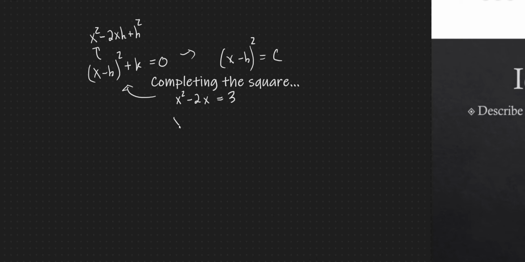So what I'm going to do is add and subtract 1. Plus 1, minus 1. I still have this equal to 3 over here. And now the x squared minus 2x plus 1 is x minus 1 squared. I still have this minus 1 hanging around, and I still have it equal to 3.